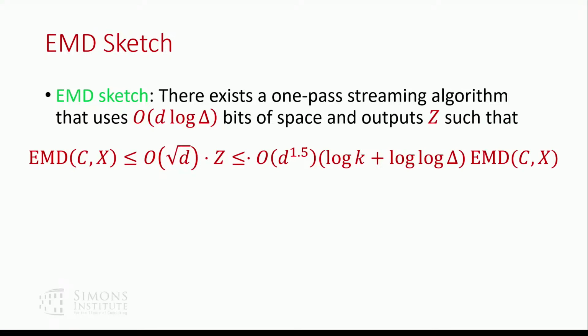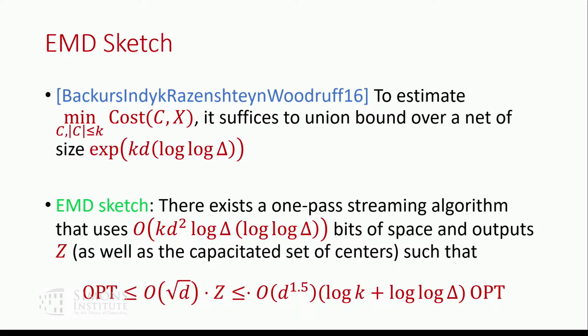And remember, why did we care about the optimal cost of the clustering? It's because this will allow us to compute the sensitivities of each point. We generalized some previous work to show that it suffices to union bound over a smaller net.